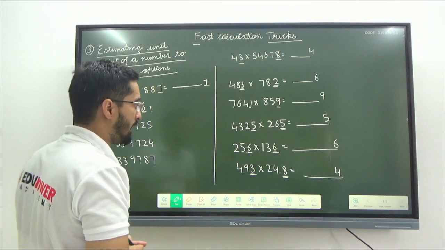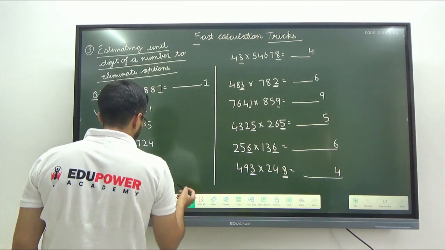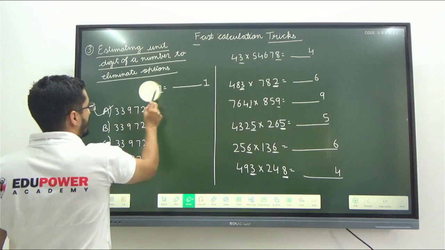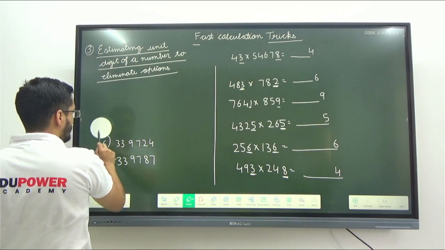We will be moving on to the next trick, which is multiplication of numbers close to 100.